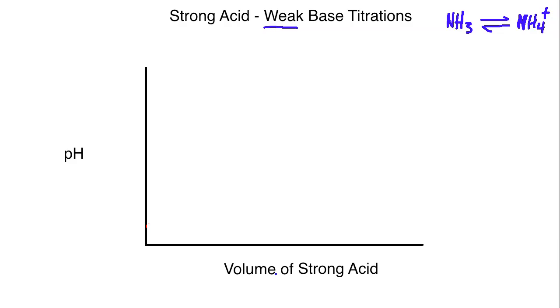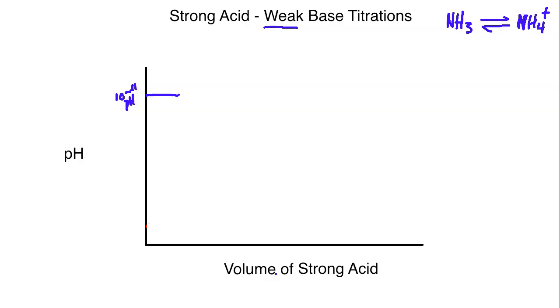So what you'll start with is certainly up in the more basic region. However, when you start here, you're probably going to be starting somewhere around 10 to 11 on a pH scale. It could be slightly lower depending on the base. But when you're dealing with a weak base, you shouldn't be having pH values of 13 or 14. That would primarily be reserved for a strong base.